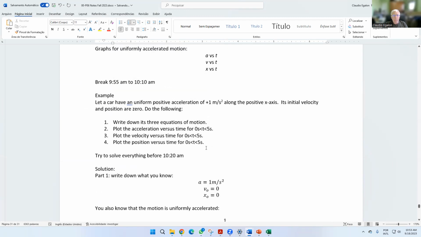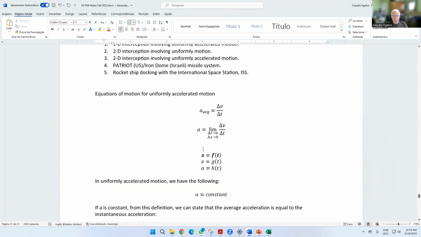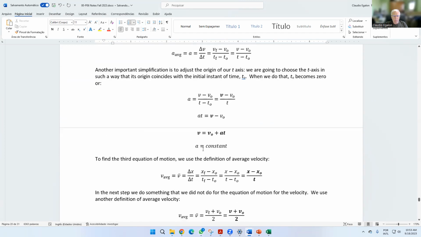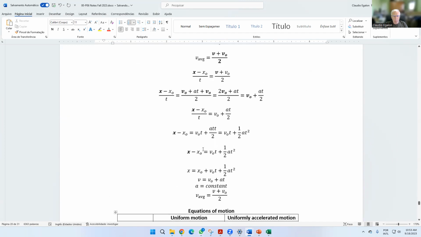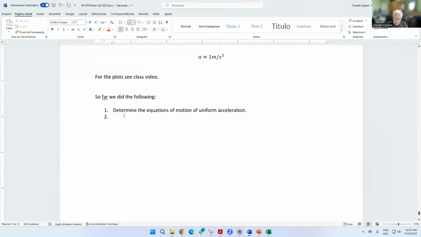Two, plotted the generic graphs for the equations of motion. Three, worked an example.